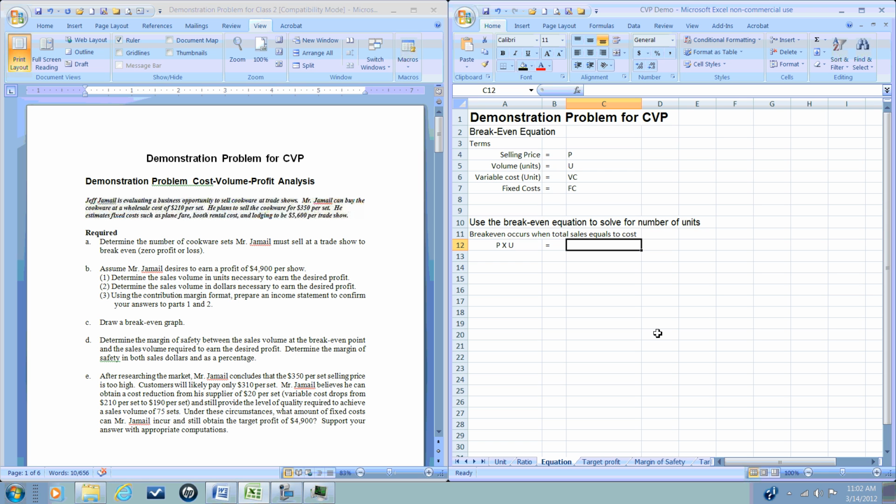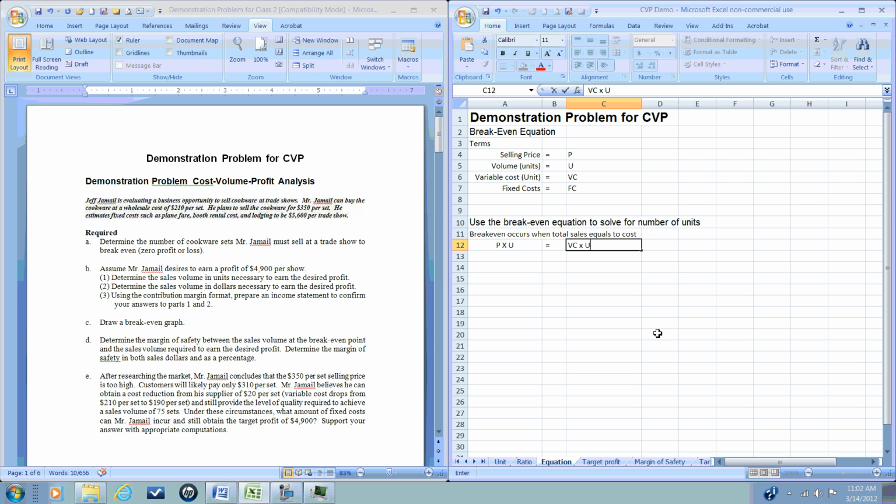And here our total cost is going to be our variable cost per unit times our volume, or number of units that we sell.